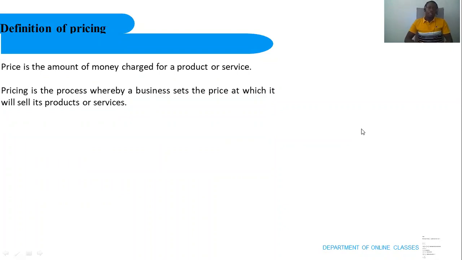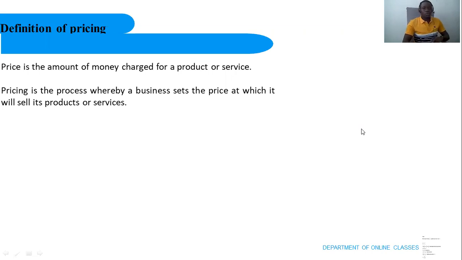Then when we talk about pricing, we are talking about the process involved. So pricing is a process whereby a business sets the price at which it will sell its products or services. That is what pricing is.